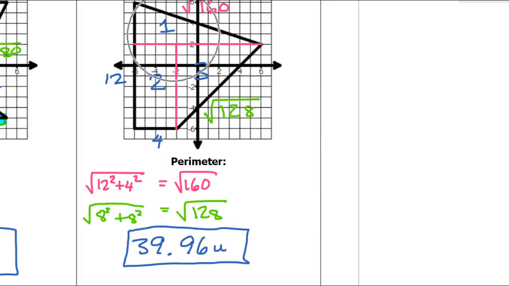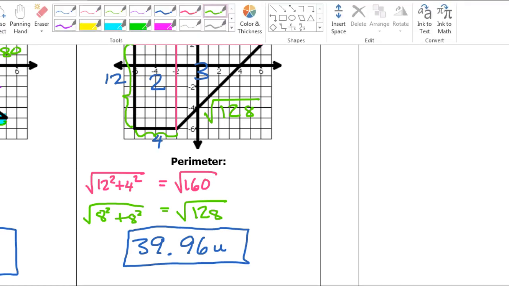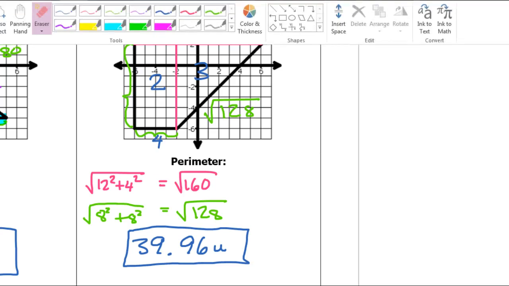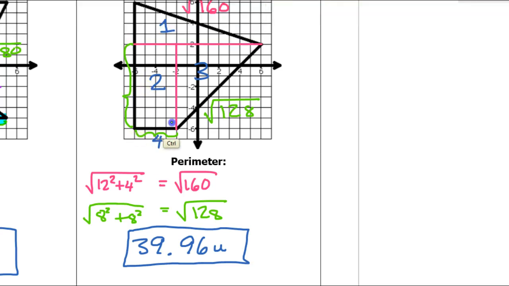Well, the base is the 4 that's already labeled. The height is not labeled yet because this is the height right here. Maybe I should move this 12 out of the way so you don't get confused. So this is down 6 and up 2, so that's 8. So that's 4 and 8.